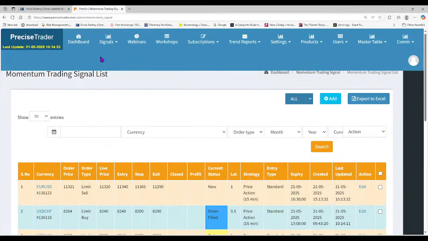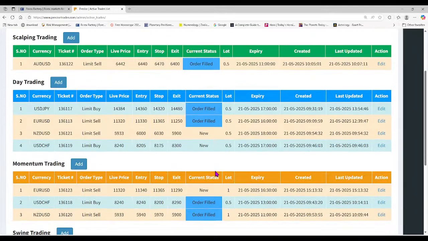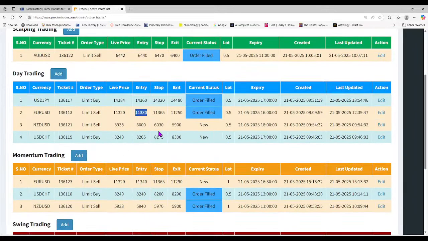But we are already into the trade, half lot at 113.40 stop, and this one we may need to change to 112.80 or 112.50. So let it be as it is, then later we'll do the adjustment for this.